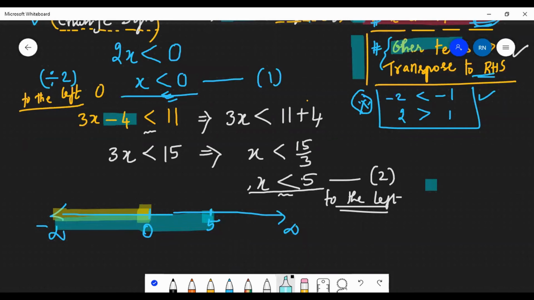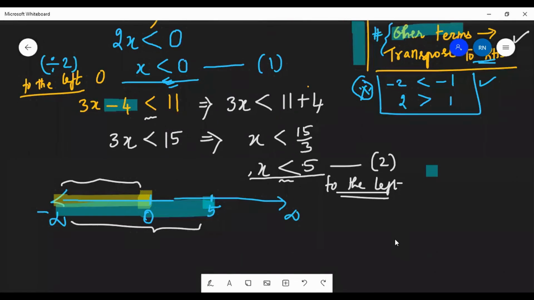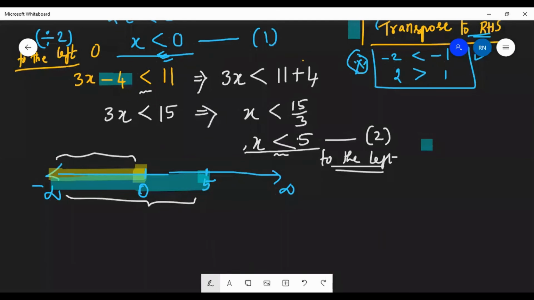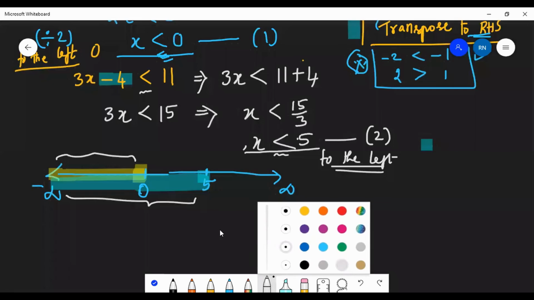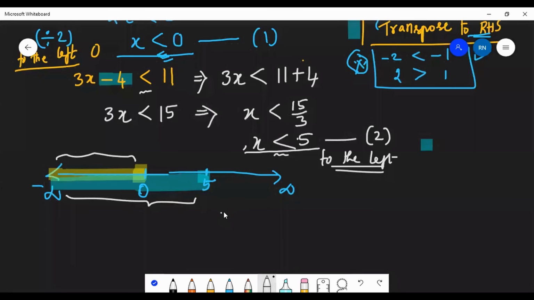So there are two different intervals, one for statement 1 and one for statement 2. Which one is bigger? Visually, from the number line you can already see which interval is all-inclusive, and you can give the final answer.